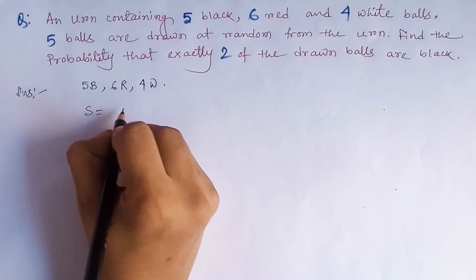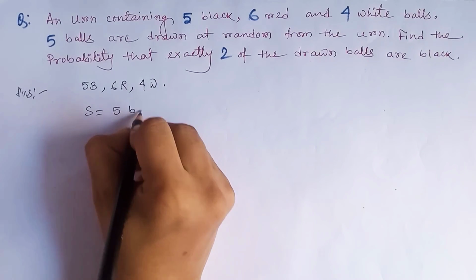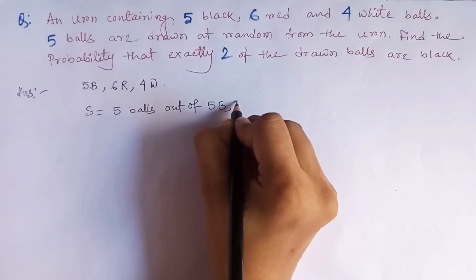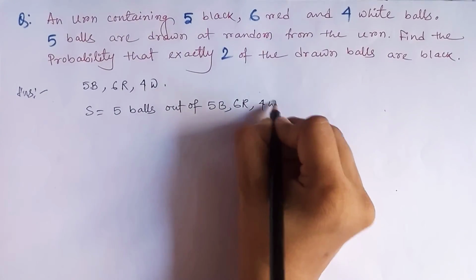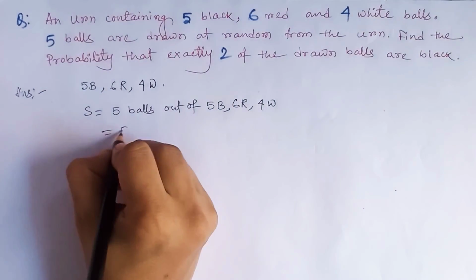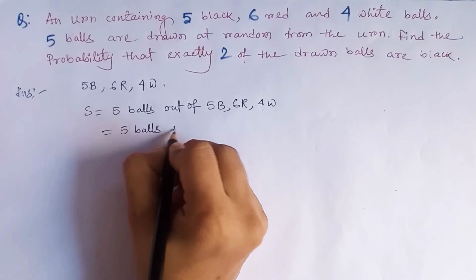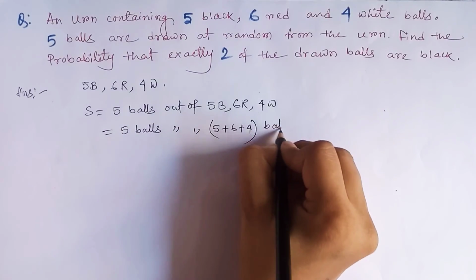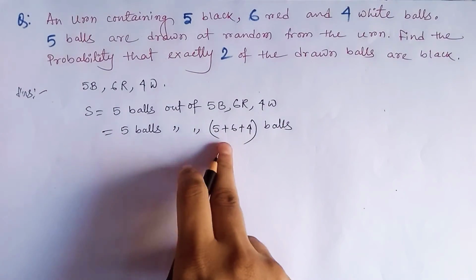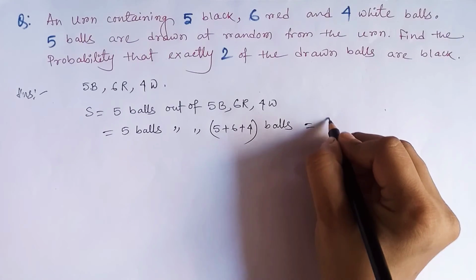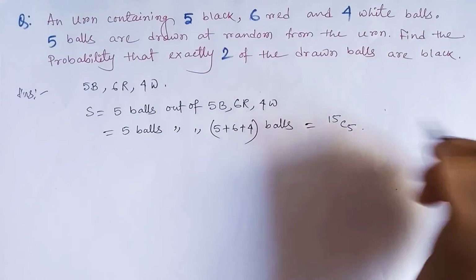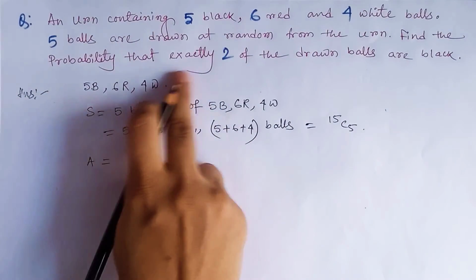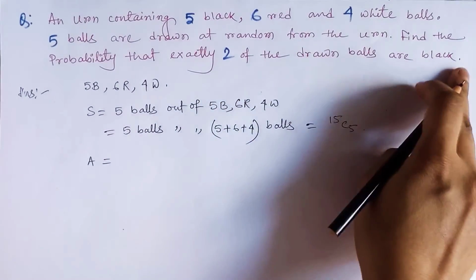So S is equal to 5 balls out of 5 black, 6 red, 4 white, that means 5 balls out of 5 plus 6 plus 4 balls, right? So we can select 5 balls in 15C5 ways.